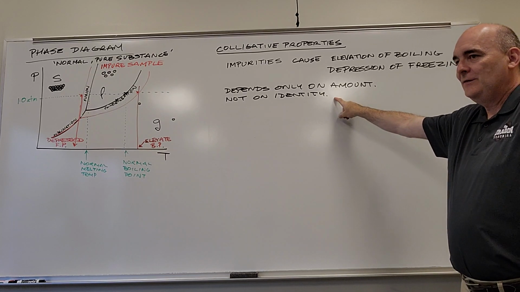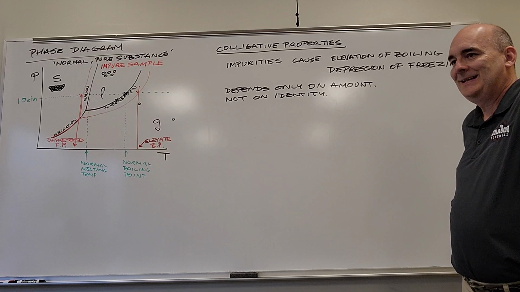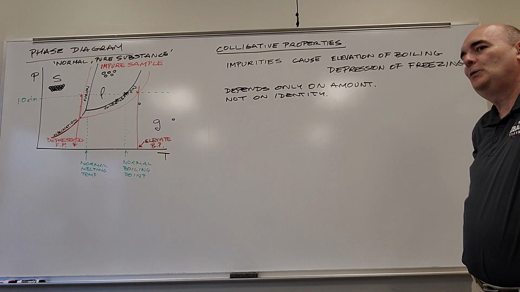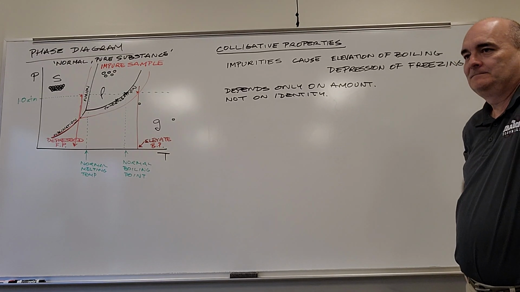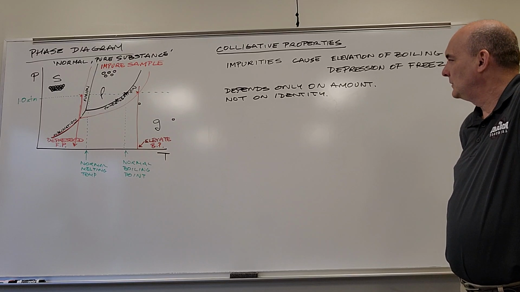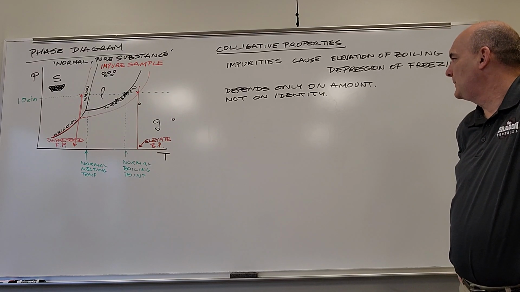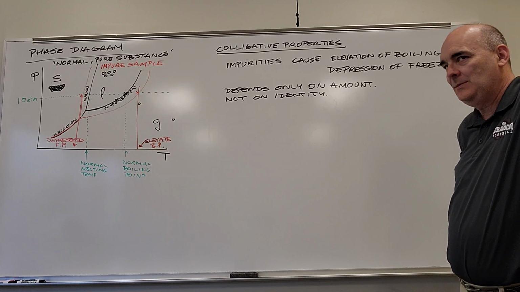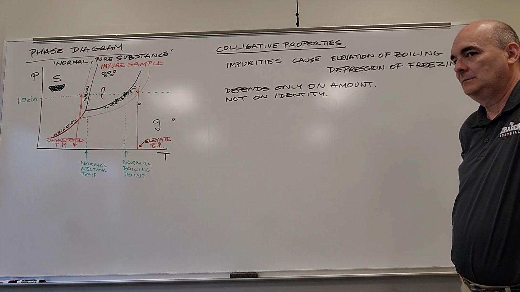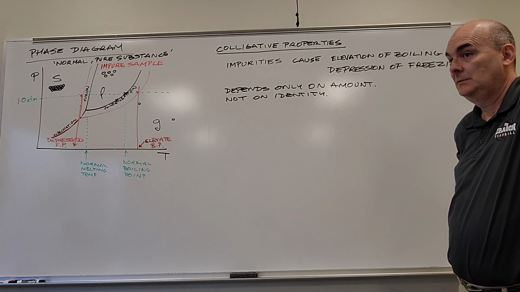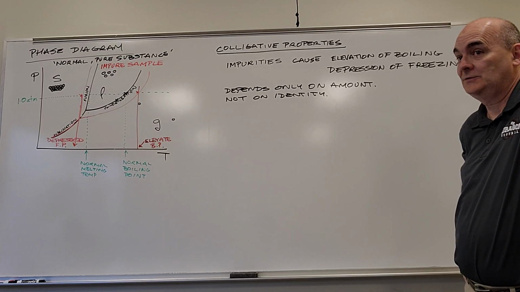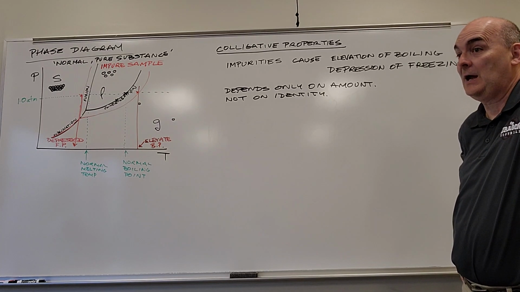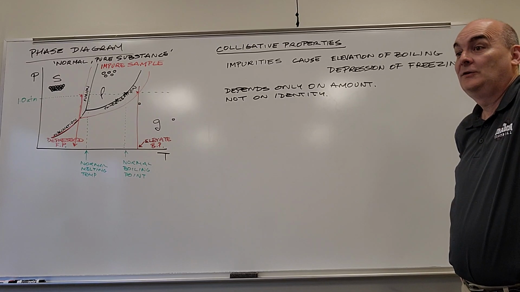And then, even though this says it doesn't depend on identity, they'll tell you what it was that you added. Because when we say it only depends on amount, what that actually means is not mass, it's the molar amount. It only depends on how much you actually add.